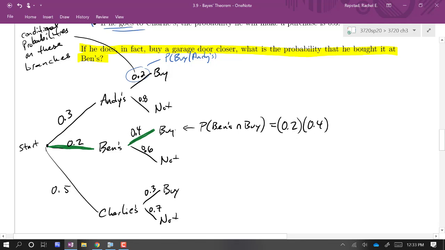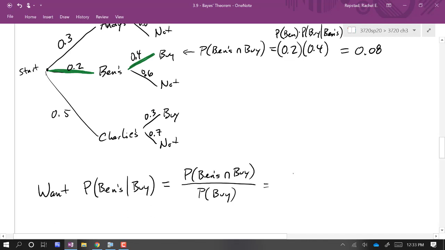When we make a probability tree like this and put the conditional probabilities on the secondary branches, the probability rules are built into it. This is how we find the probability of an intersection. So this is 0.08. That's the value that's going to go down here on top.